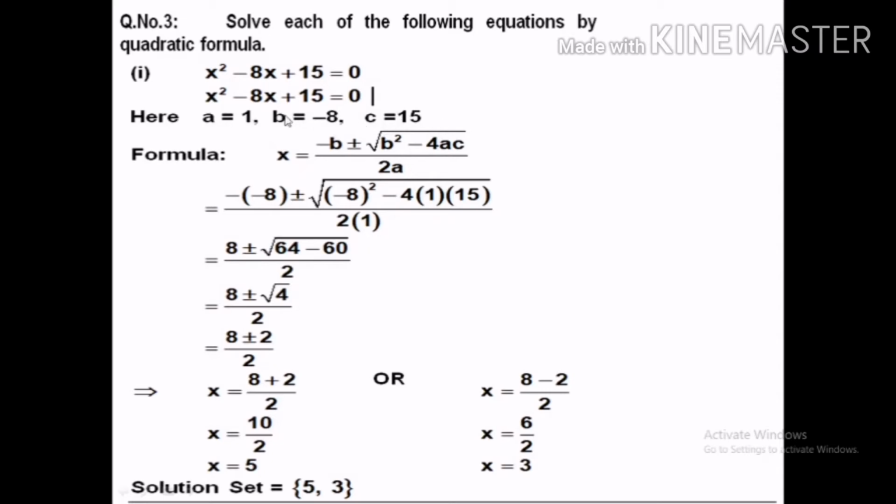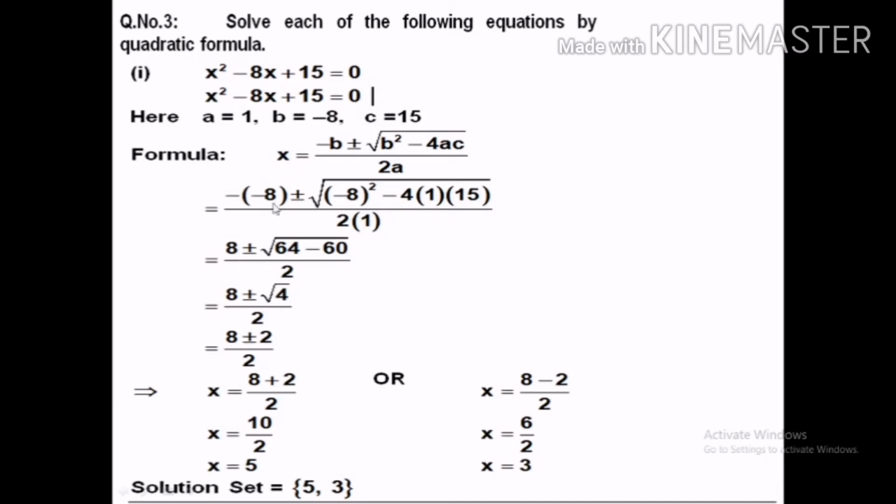Thus by putting the values of a, b, c in the quadratic formula, which was proved earlier, x = (−b ± √(b² − 4ac))/2a. By putting the values, x = −(−8) ± √((−8)² − 4 × 1 × 15) divided by 2 × 1.